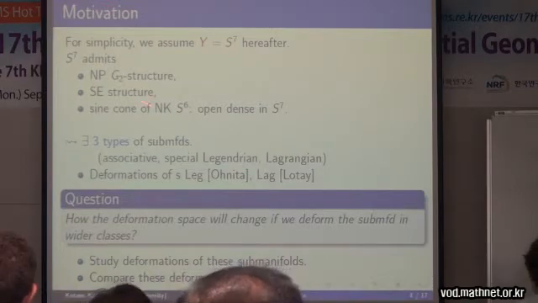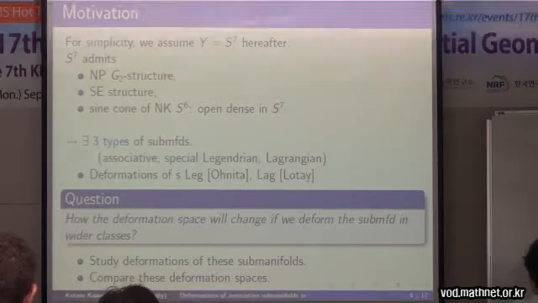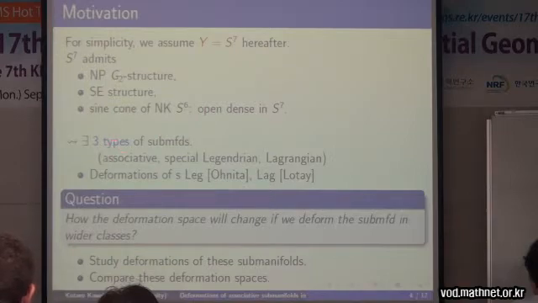So there are three geometries on S7, and for each geometry there exist corresponding submanifolds. So on S7 there exist three types of submanifolds. The submanifolds corresponding to the nearly parallel G2 structure are called associative, the submanifolds corresponding to the Sasaki-Einstein structure are called special Legendrian, and the submanifolds corresponding to the nearly Kähler sphere are called Lagrangian submanifolds.